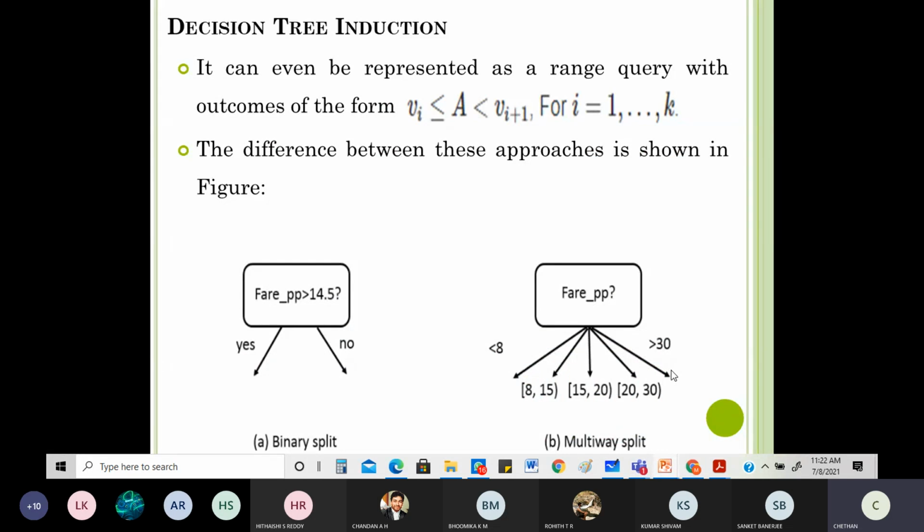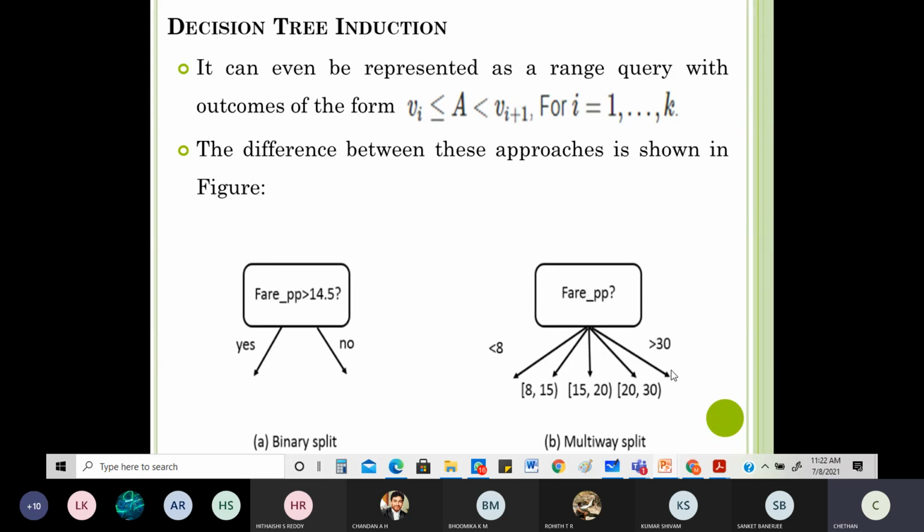So the difference between these approaches is very simple. You see one as a binary split, the other as a multi-way split. Based on this, you need to keep on writing the values. You learned two things here: how a decision tree is split, and that they are split based on the attributes.